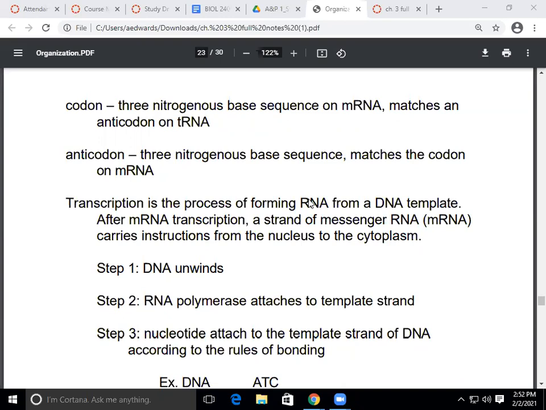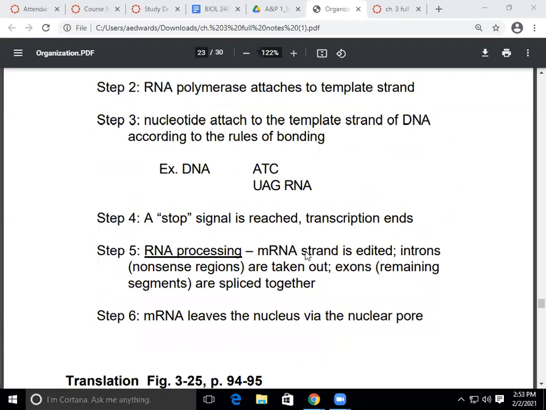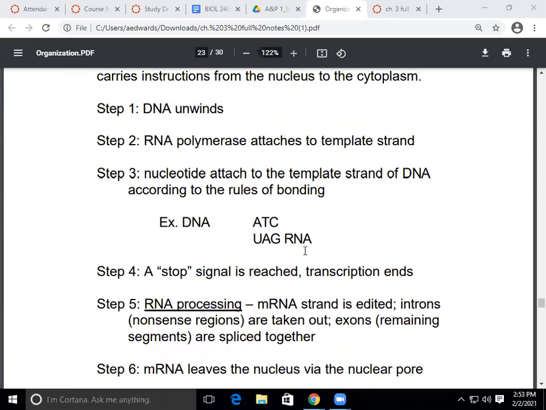So, transcription: make RNA from a DNA template. After transcription, your mRNA strand is going to carry its instructions from the nucleus to the cytoplasm, through a nuclear pore. So what are the steps? We'll finish with this. First, you unwind your DNA so you can make a transcript.